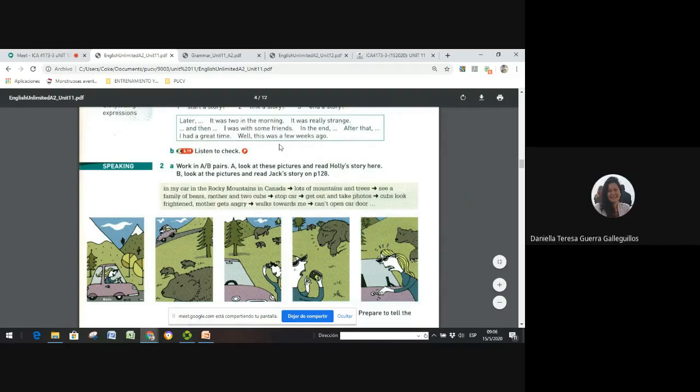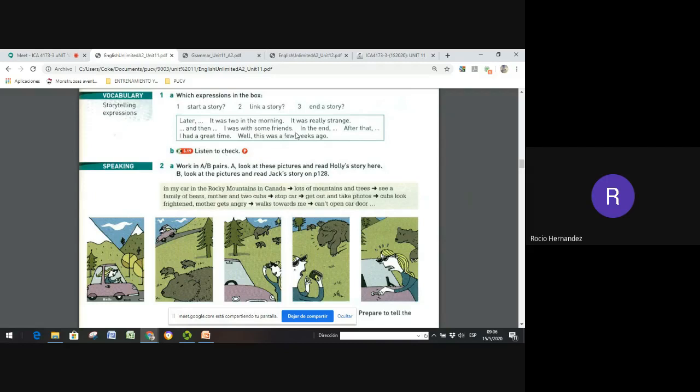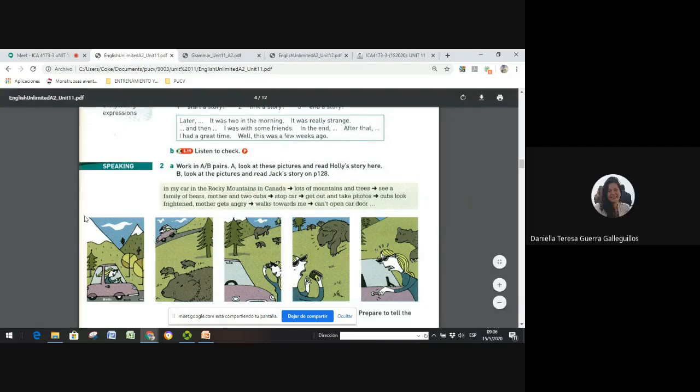This was a few weeks ago. That one we use to start the story. Now we have to use in the end. In the end, I couldn't open the car door.